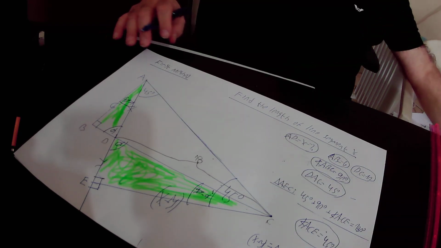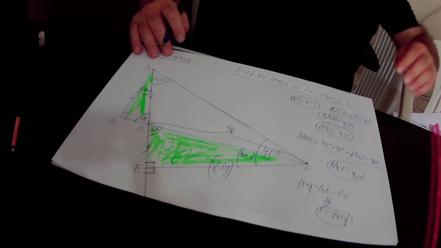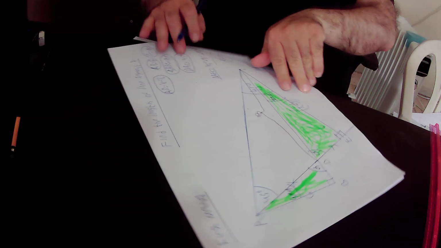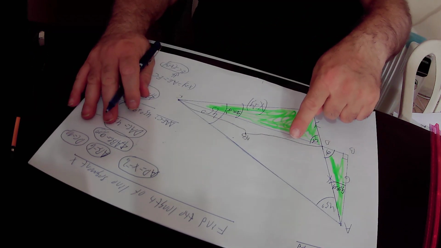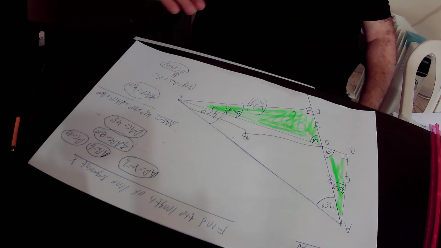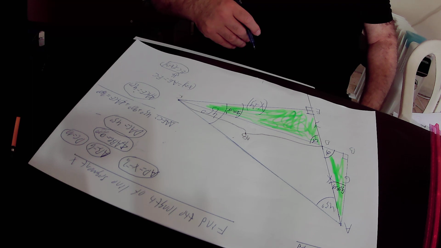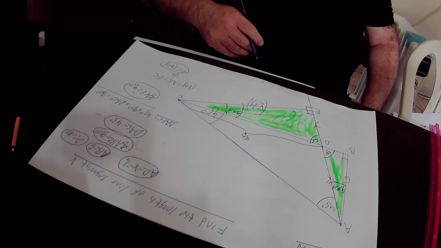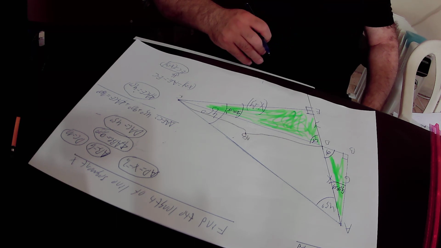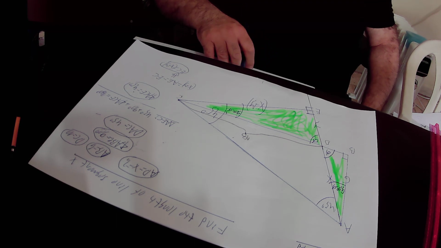In the next step, I will copy triangle ABD and triangle ADC in the new page, and we will analyze those two triangles in order to find out which one of the solutions that we found is relevant to our drawing. Okay?